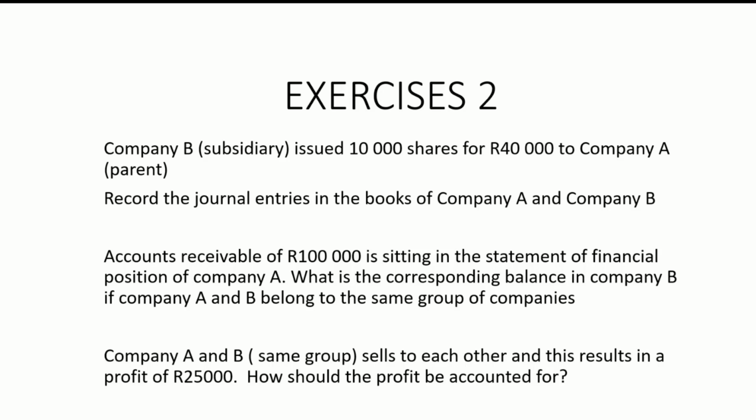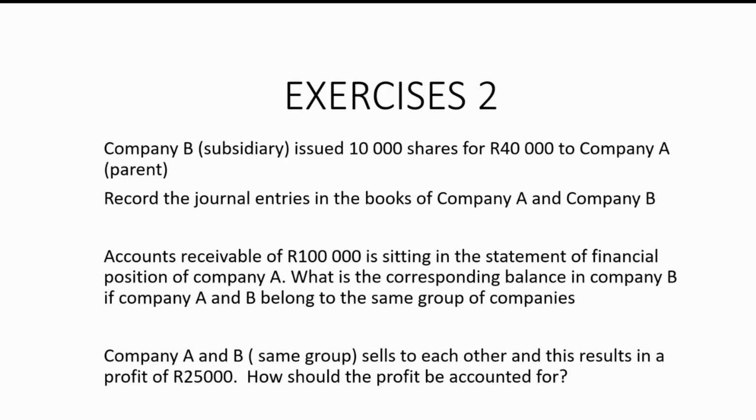So in the books of company A, the parent will say debit loan asset and credit bank, because I've given a loan to a subsidiary. So the books of A will have an asset, a loan receivable. Let's see the entry that B will process. B will say, oh, I've got money.